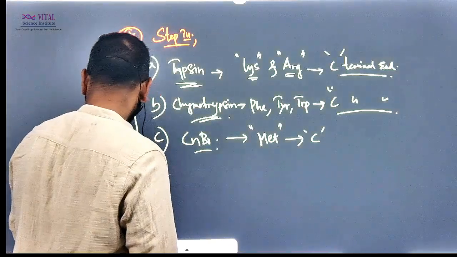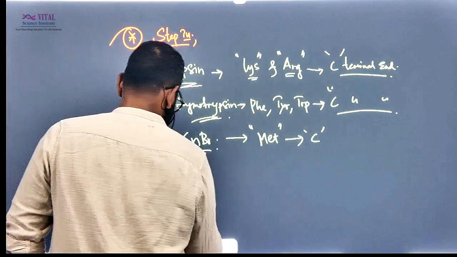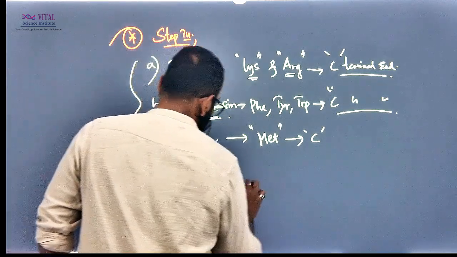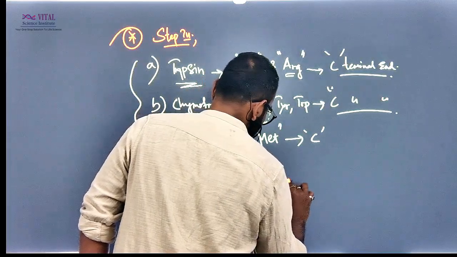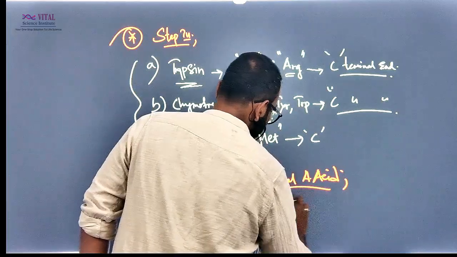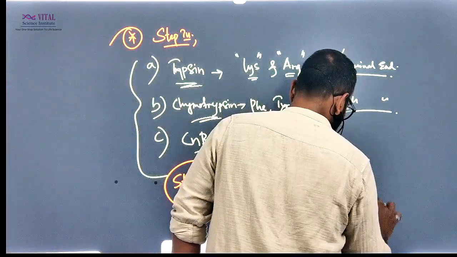And lastly, coming to the last step, step 4, determining the carboxyl terminal end or carboxyl terminal amino acid. In order to determine the carboxyl terminal amino acid, we have two distinct aspects.